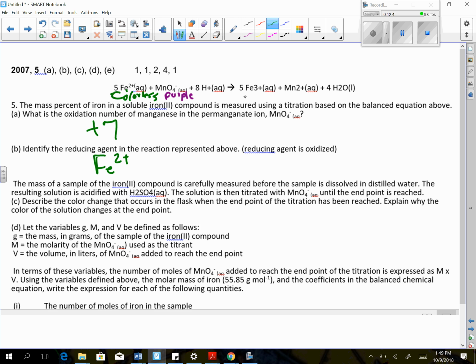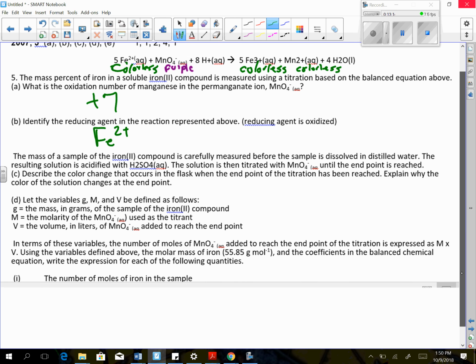This iron 3 that you formed is also colorless. This one is colorless. And so it says describe the color change that occurs when the end point has been reached and explain why the color changes at the end point. And so what happens is, I'm going to hop down to the bottom for part C.